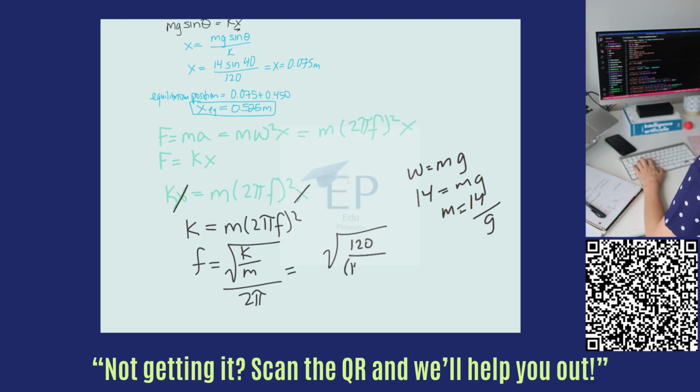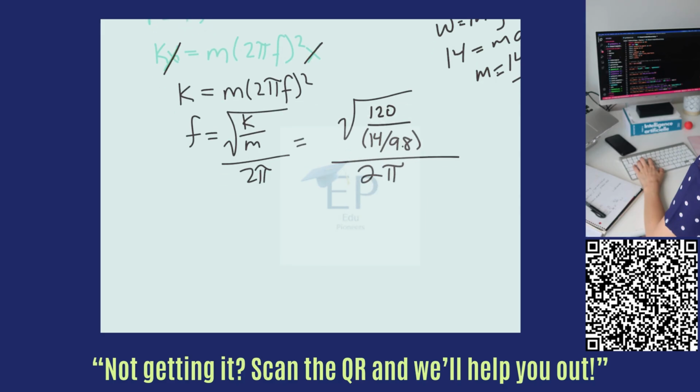So I would put 14 over 9.8, and all of that is divided by 2 pi. So when we solve for that, we get a frequency of 1.46 hertz.